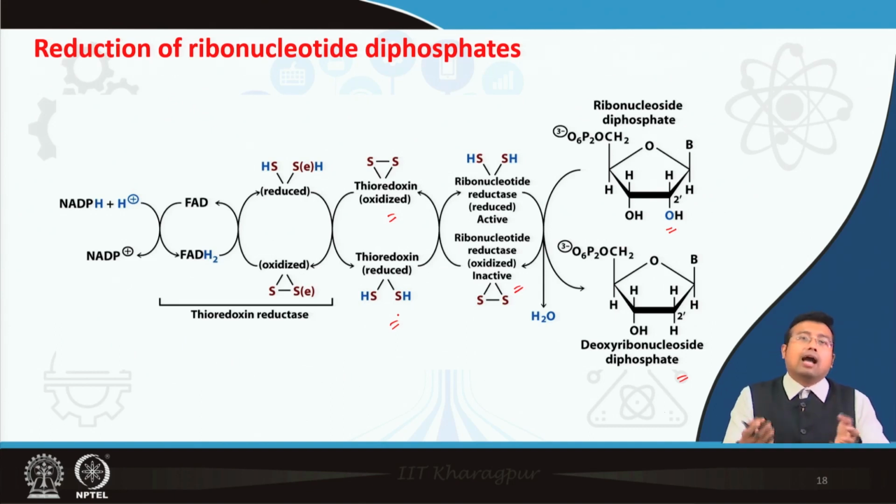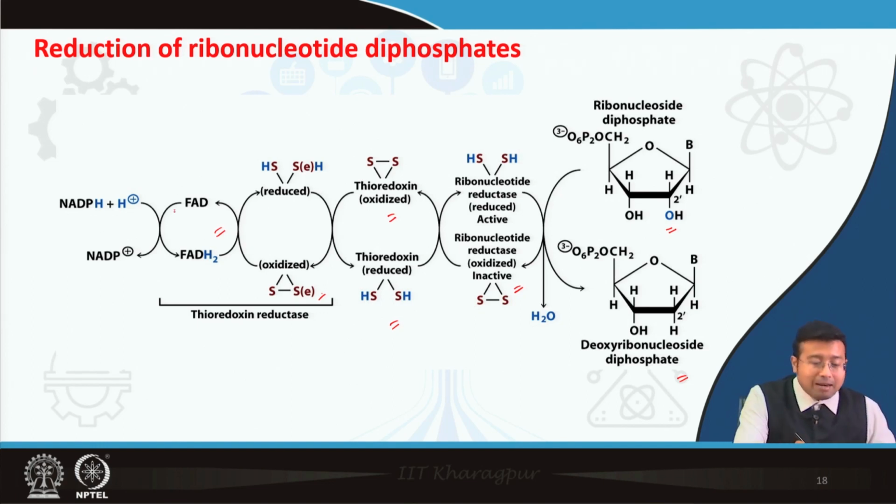The enzyme thioredoxin reductase, all right. Thioredoxin reductase is also active in reduced form, and when it does its action, it is inactivated and converted to oxidized form, and finally it is regenerated to reduced form with the help of the reducing equivalent FADH2. FADH2 gets converted to FAD; ultimately, who helps in regeneration of reduced FAD to FADH2?